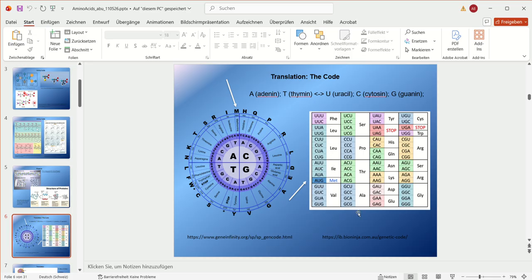And often the last letter is not so important, because you can have an uracil, a cytosine, an adenine, or a guanine as last letter, and you always get the same amino acid. This is called redundancy. So even if there are some mistakes, they don't even change amino acids.